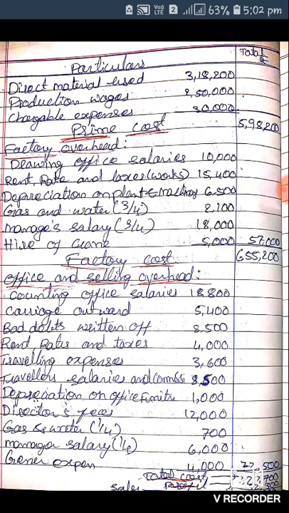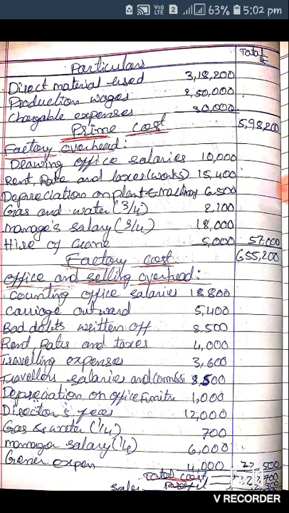Bad debts written off is 8,500. Rent, rates and taxes which they have paid is 4,000. Traveling expenses will come under selling expenses, that is why we are taking them in selling overhead, that is 3,600.